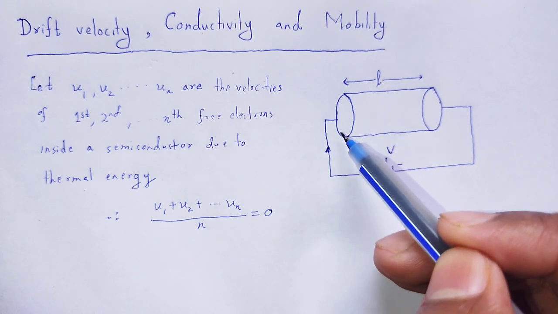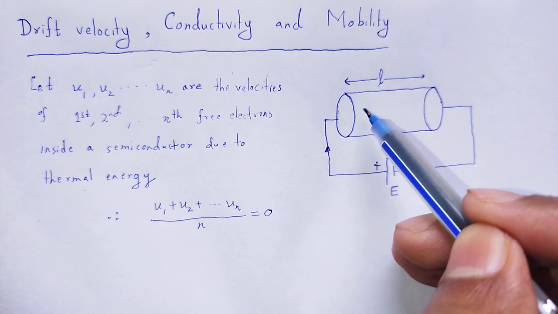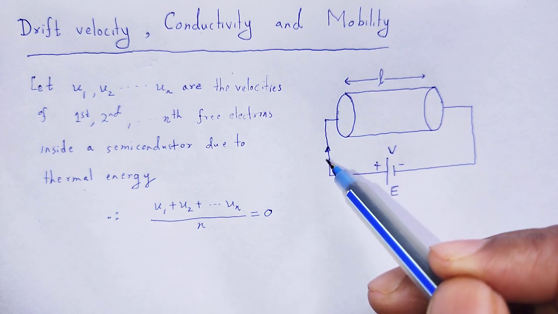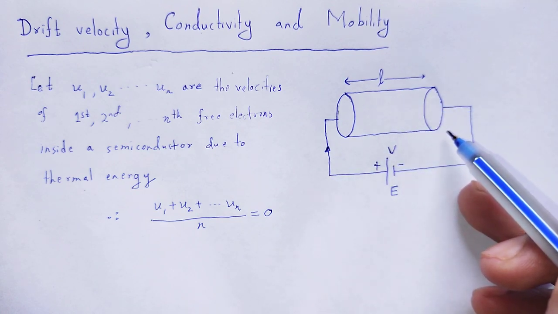Here the positive potential, the negative potential, so electrons move towards the positive potential. Similarly, holes move towards the negative potential.